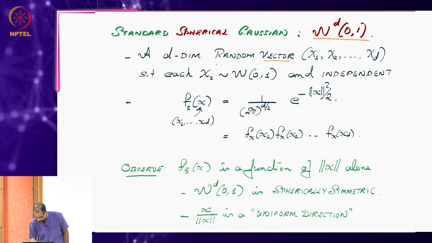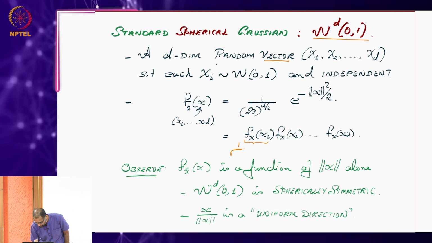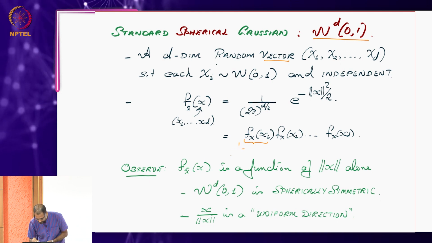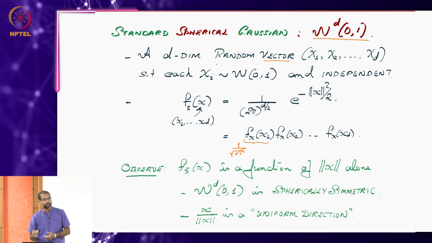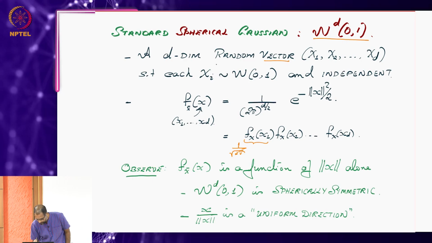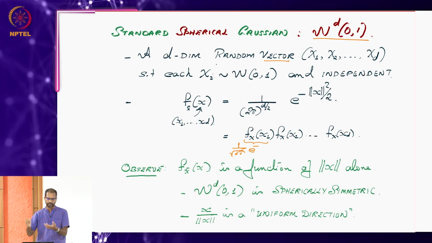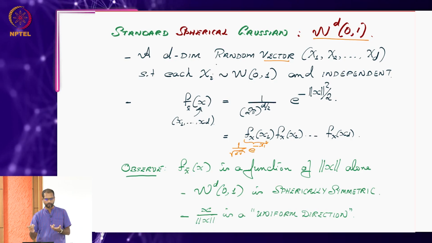So, this first one here will be something like 1 by root 2 pi. There should be a sigma, but sigma is 1, and then e raised to minus x1 minus mu, but mu is 0. So, minus x1 squared by 2 sigma squared, but sigma is 1.